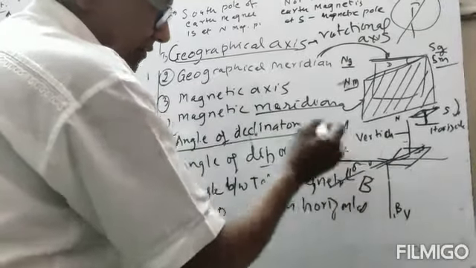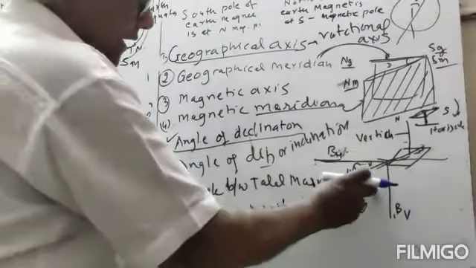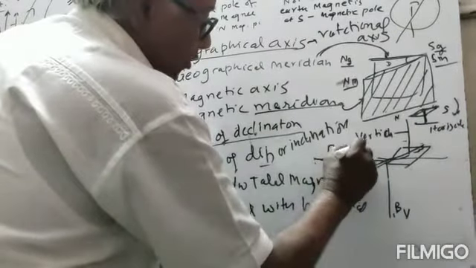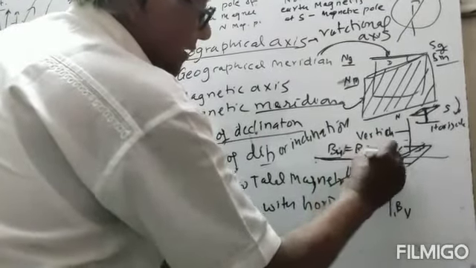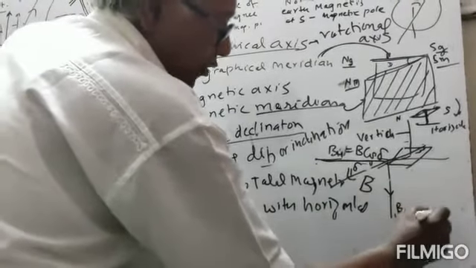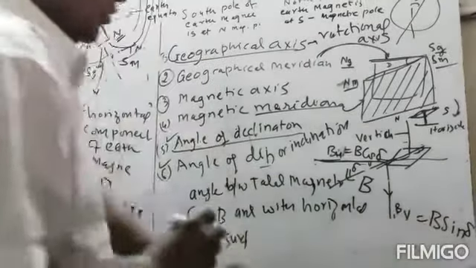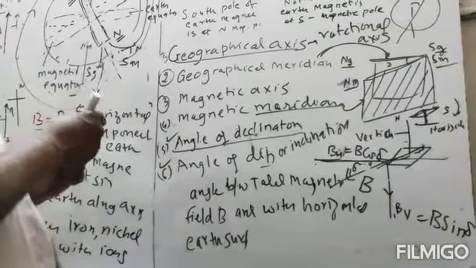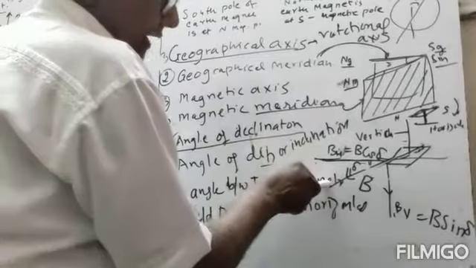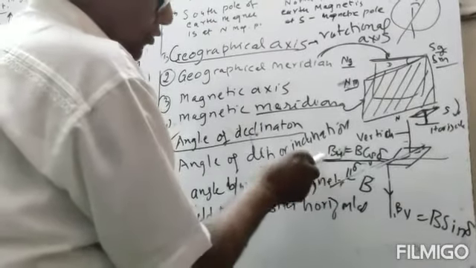We can write the component of B in the horizontal: BH will be equal to B cos delta, and the vertical component BV will be equal to B sin delta. So the total magnetic field of the earth, whose direction is this, will have two components.